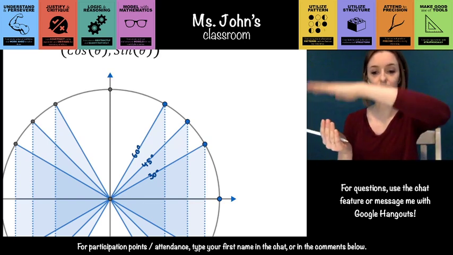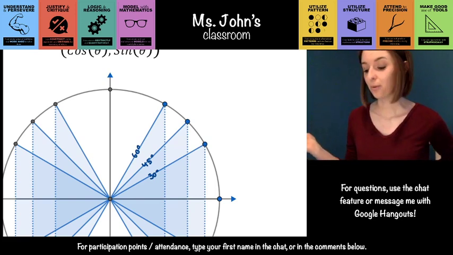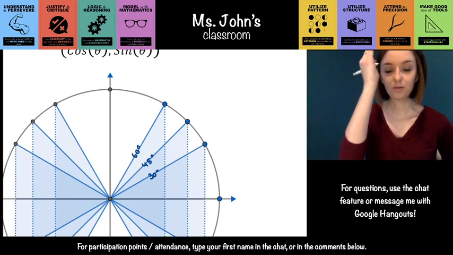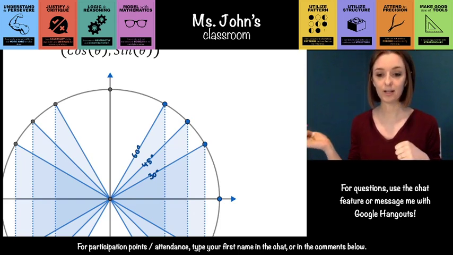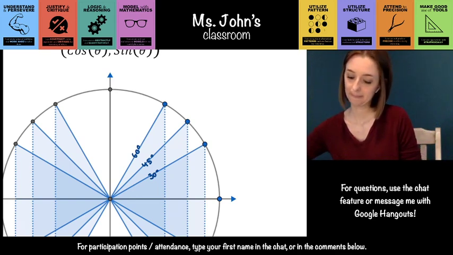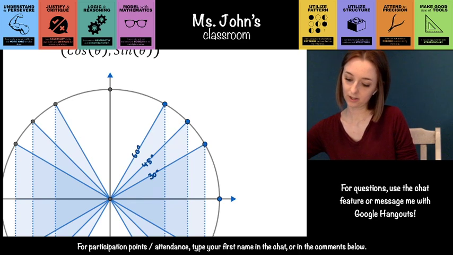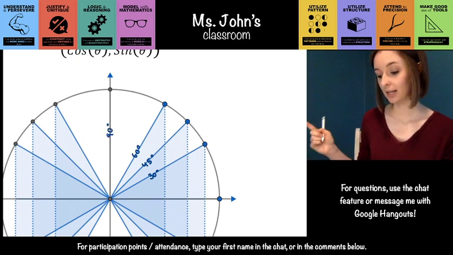So the radius is going to determine what our reference angle is. So the vertical line is going to be 90 degrees, because the reference angle, the one in the corner, is 90 degrees. So here's our 90 degree angle. And then we're going to keep going.